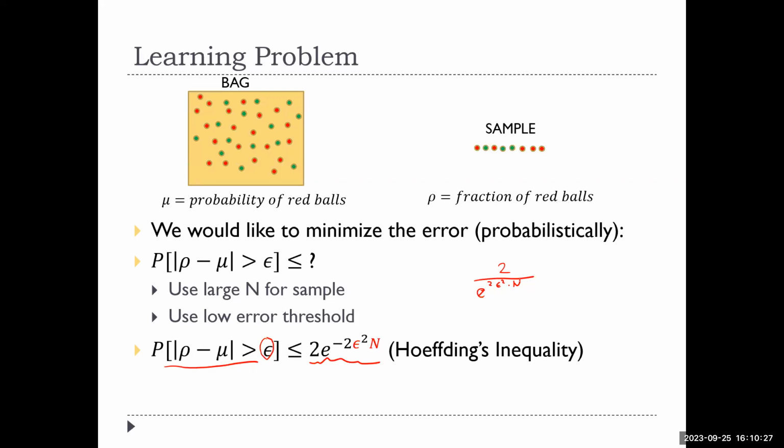If you increase n, then this expression will go down. It means that the probability of having a high error will be lower if you increase n.